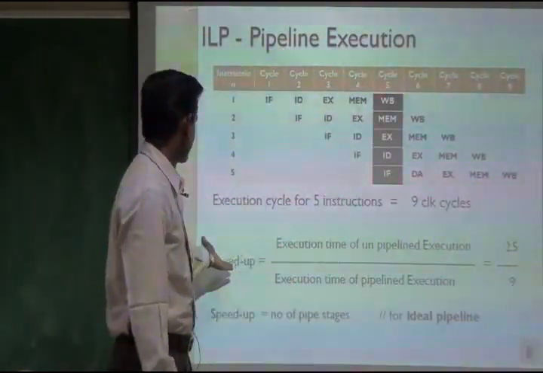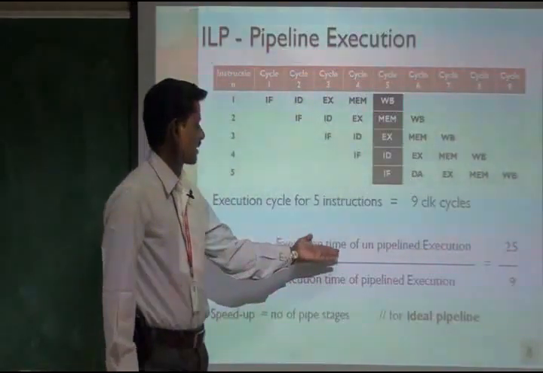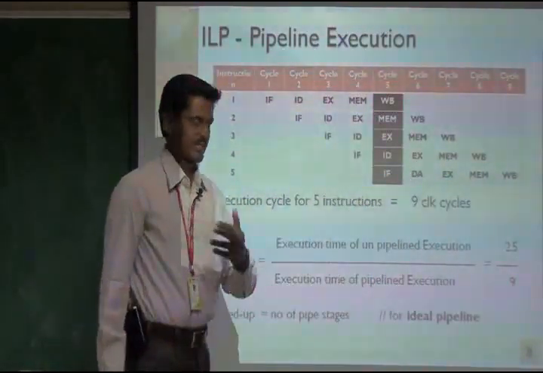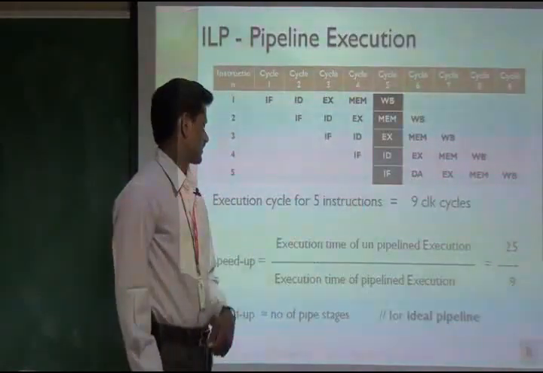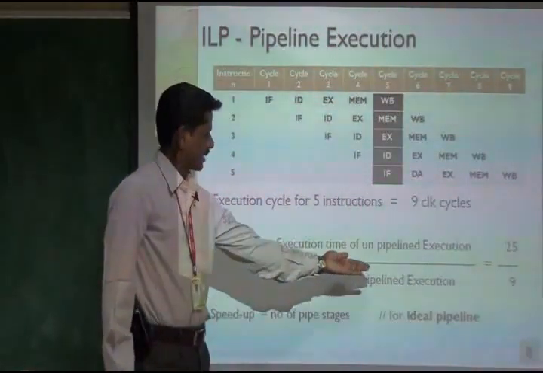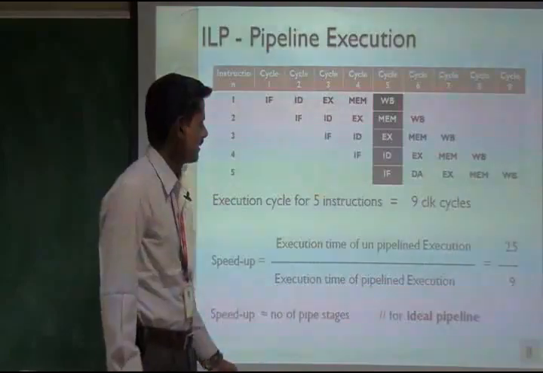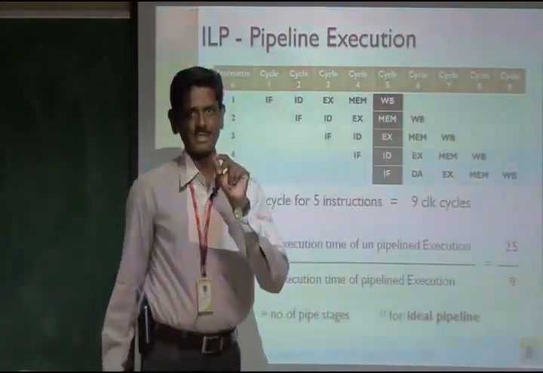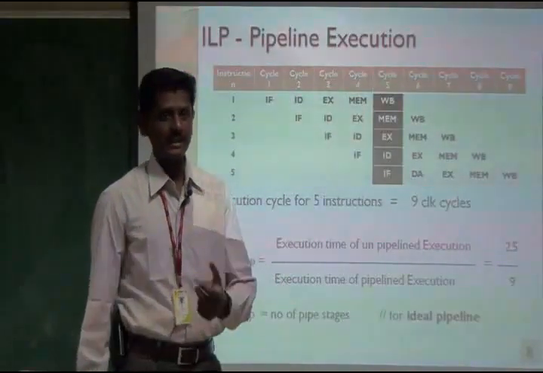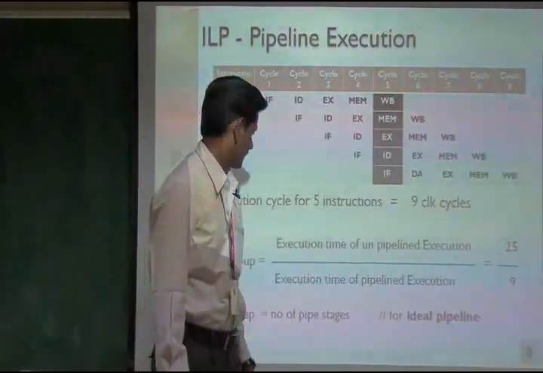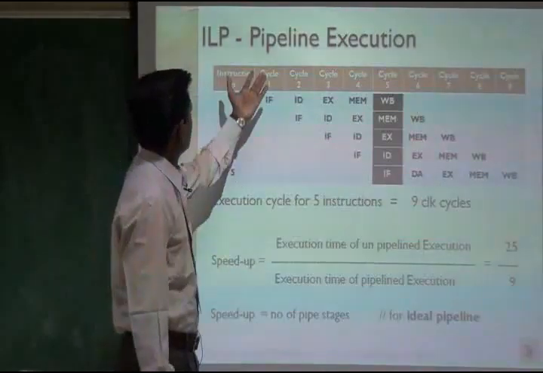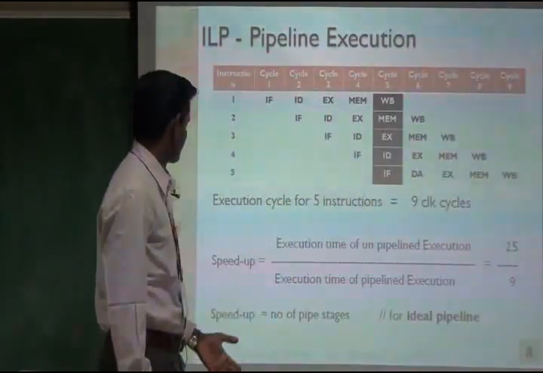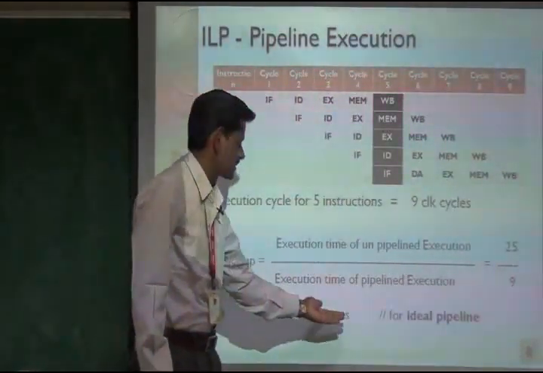Okay, the speed up equation: execution time of unpipelined execution, which is nothing but sequential execution, over execution time of pipelined execution, which is nothing but ILP. Look at the speed up, 25 by 9. So this much speed can be enhanced using ILP, right? The speed up ratio mainly depends on the number of pipe stages.